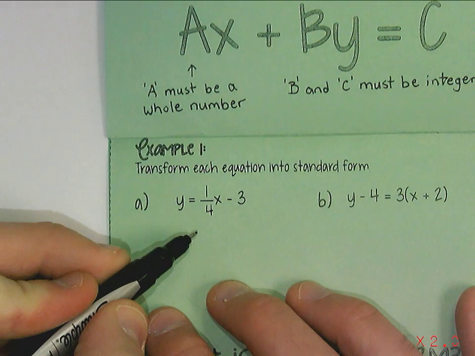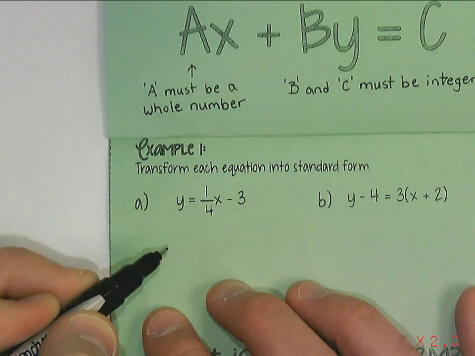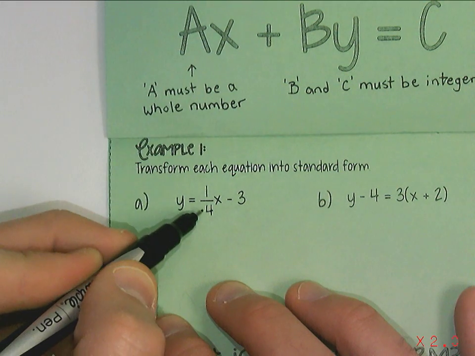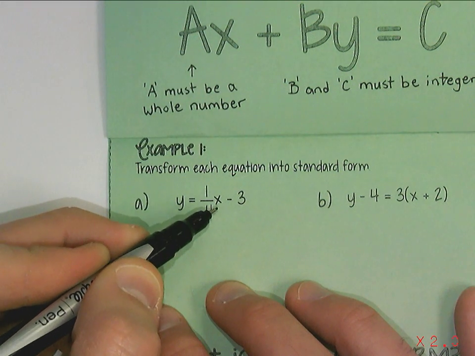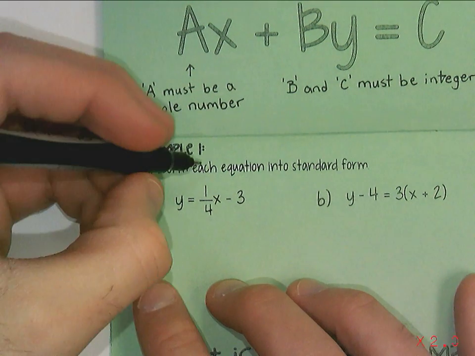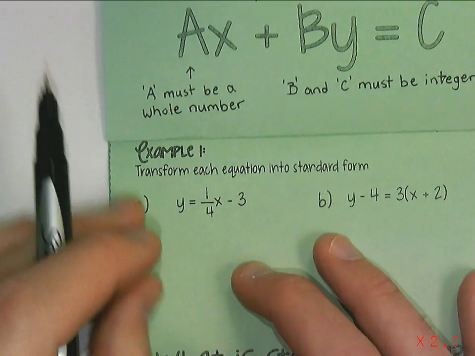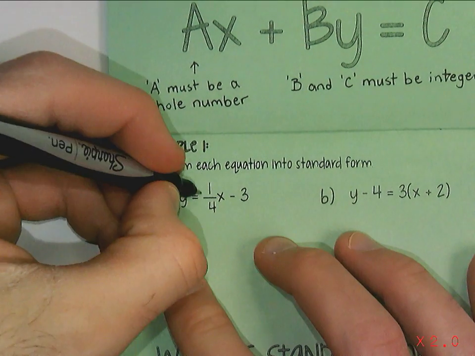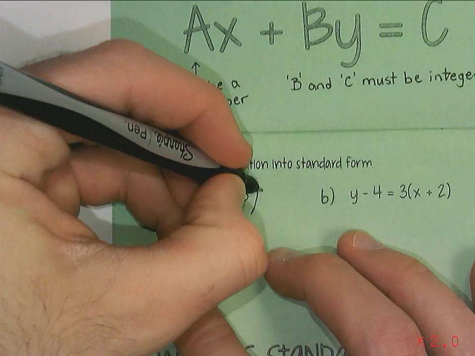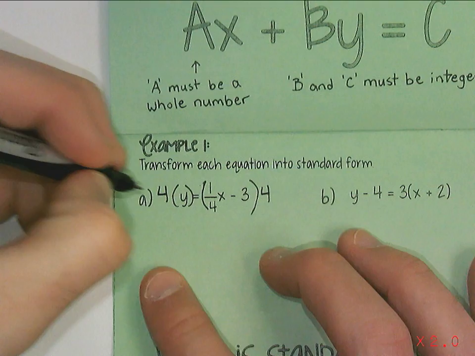Now with this problem here, we need a to be a whole number, and the number that's next to x currently is a fraction. So I want to get rid of that. In order to do that, I'm going to multiply both sides of this equation by 4. And we'll have to use the distributive property on the right-hand side to do so.